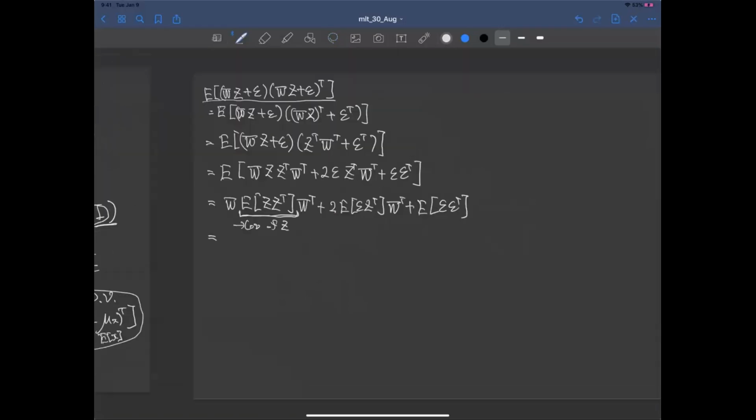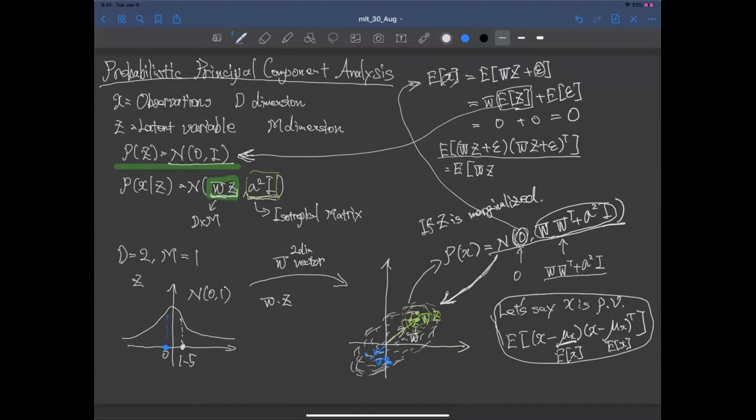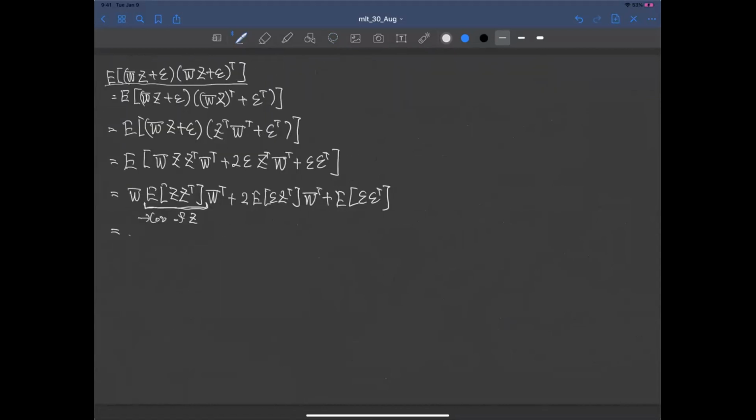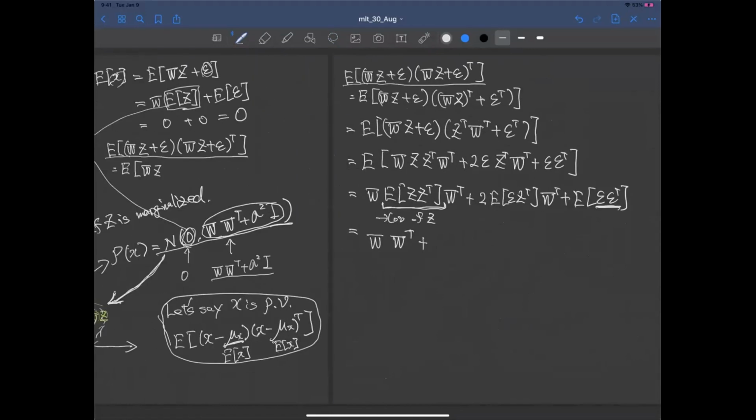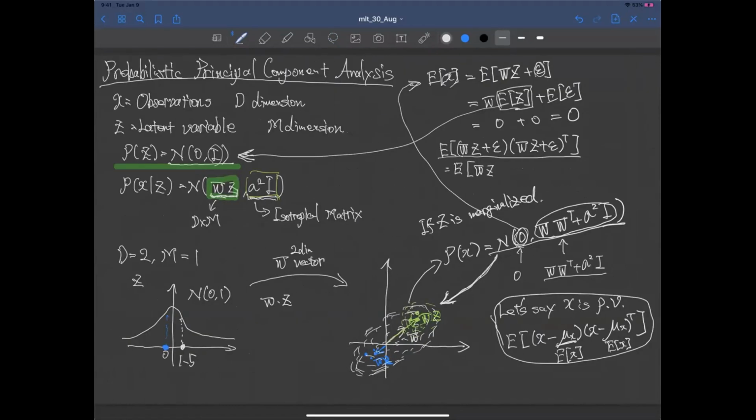Then the covariance matrix of Z is just the identity matrix. Also, the covariance matrix of epsilon is the identity matrix with sigma squared.